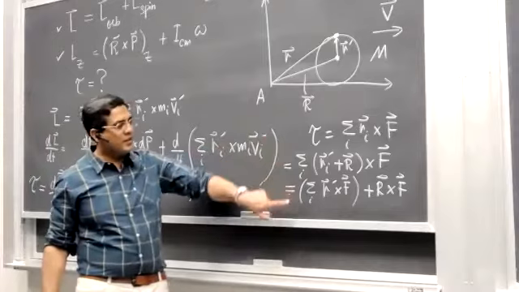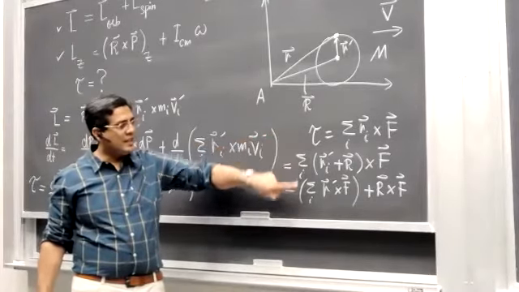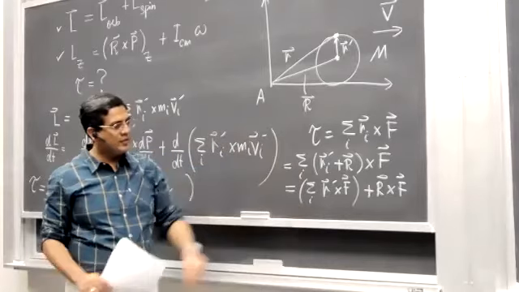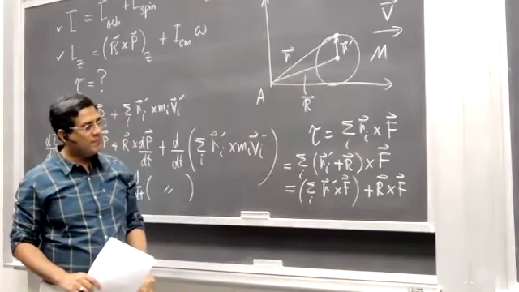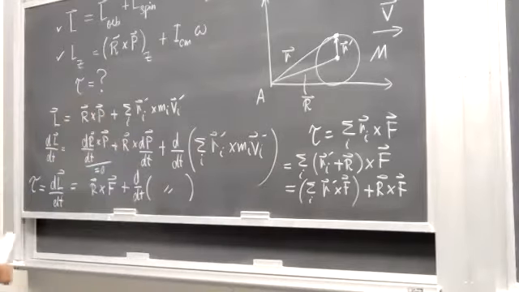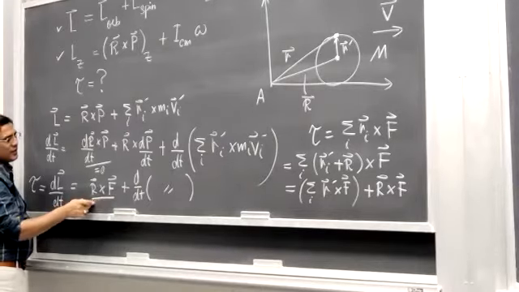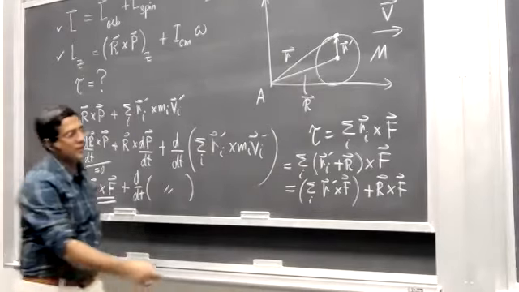Is this transparent? Starting here by the definition of the torque, and then we get to this expression. And then you look at this quantity here, which we calculate by taking the time derivative of the angular momentum. If you equate both of them, then this term just cancels on both sides. This term here and this term here.